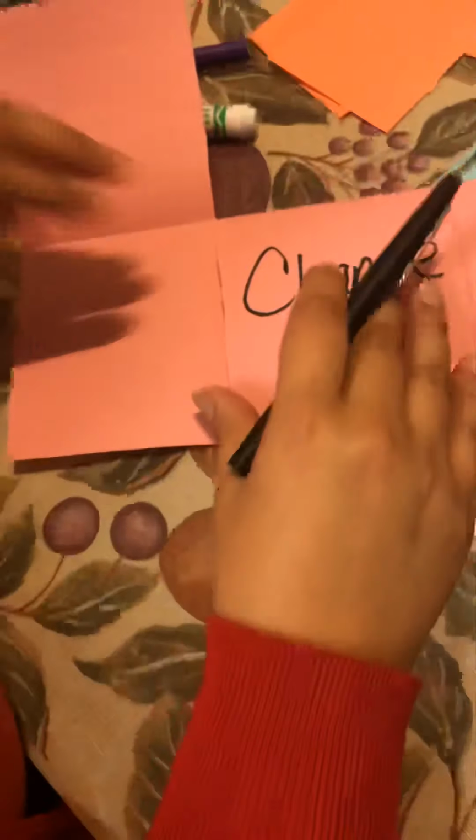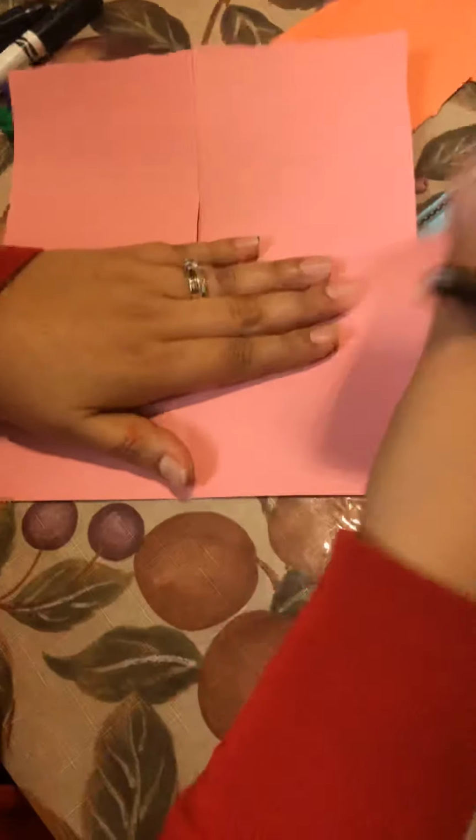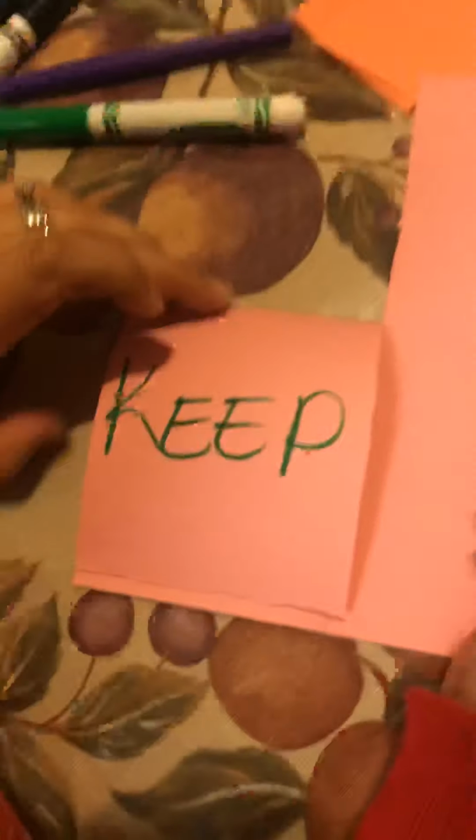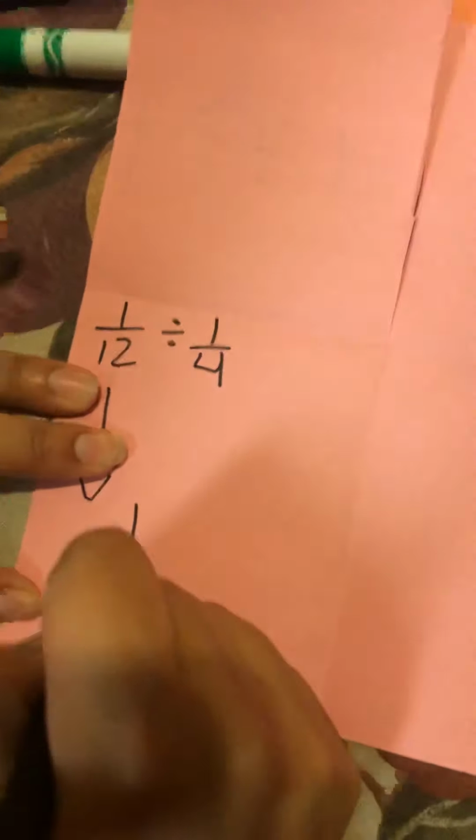We're going to choose one. And it's 1/12 divided by 1/4. So I'm going to go ahead and write it down right here. 1/12 divided by 1/4. According to my first tab, it says keep. So I'm going to keep my 1/12.